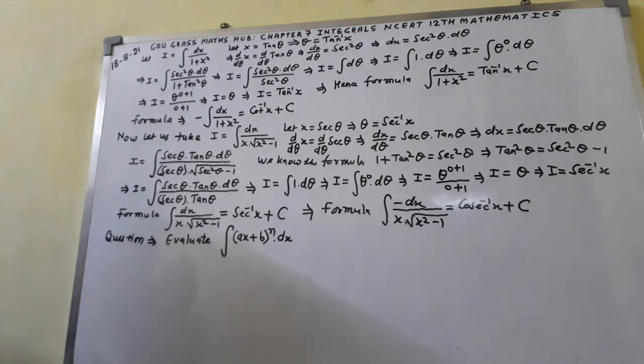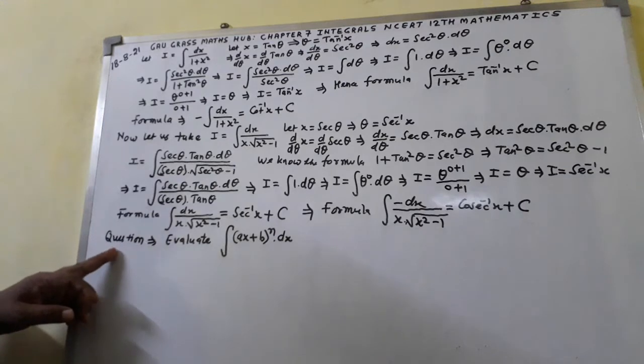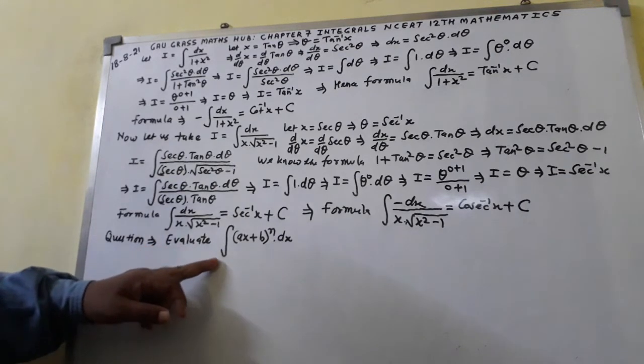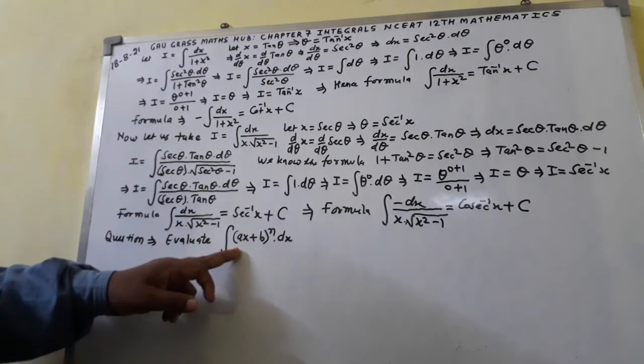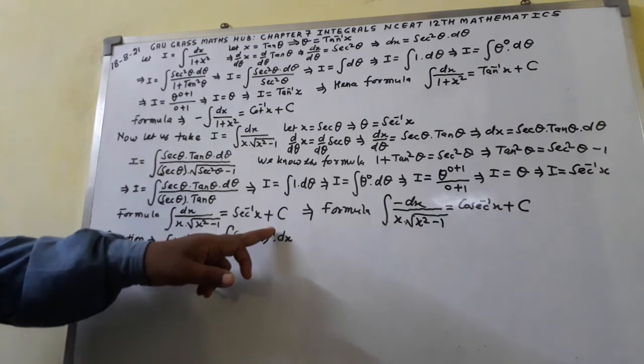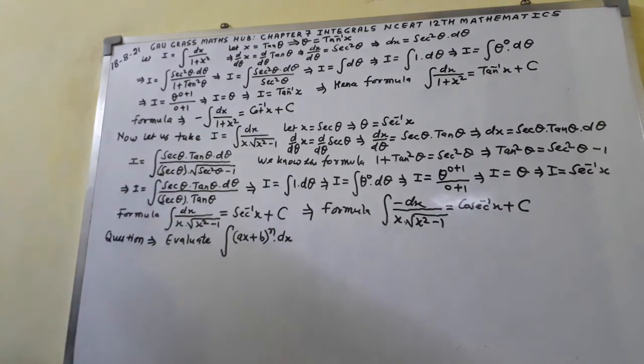This thing is there. So what we'll do next? Here I have written the question: evaluate integral in bracket ax plus b raised to the power n dot dx. What we'll do here?